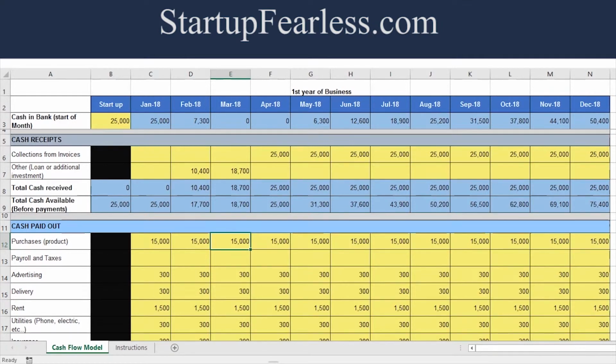So the value in the cash flow model is when we first loaded our cash flow, we might have had the assumption that $25,000 to start the business, selling $25,000 per month, we wouldn't have any issues with net 60-day terms. Right away, we realized that we had to put $10,400 more into the business or have some type of credit line.